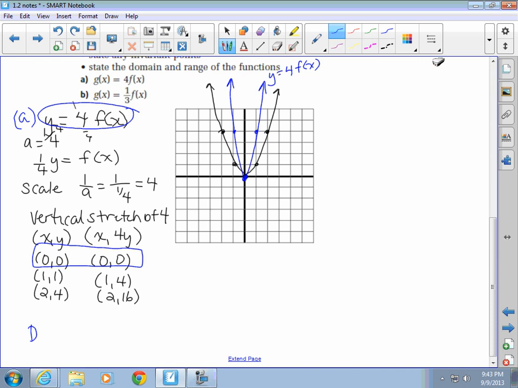We just can't plot all the ones that are on there. So domain for this one, x is an element of real number. Our range, on the other hand, we never used a value less than 0. So y is going to be everything greater than or equal to 0.